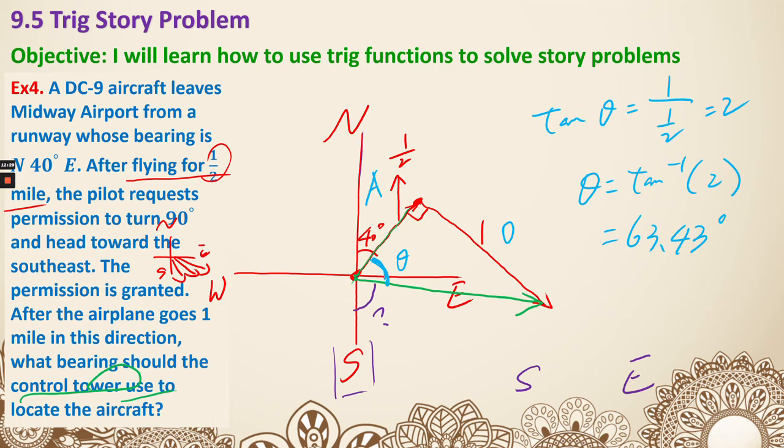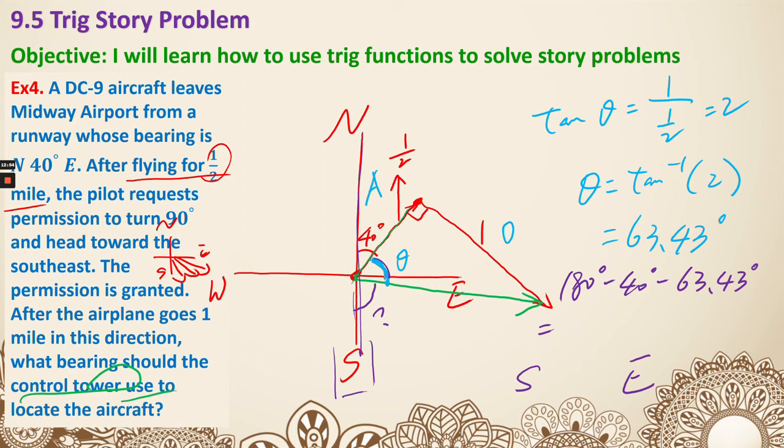If you remember, the angle for a straight line is 180 degrees. The front part is going to give you 63.43 as this part. And that straight line is 180, so in order to figure out our question mark, it is going to be 180 degrees minus the 40 degrees, then minus the 63.43 degrees.